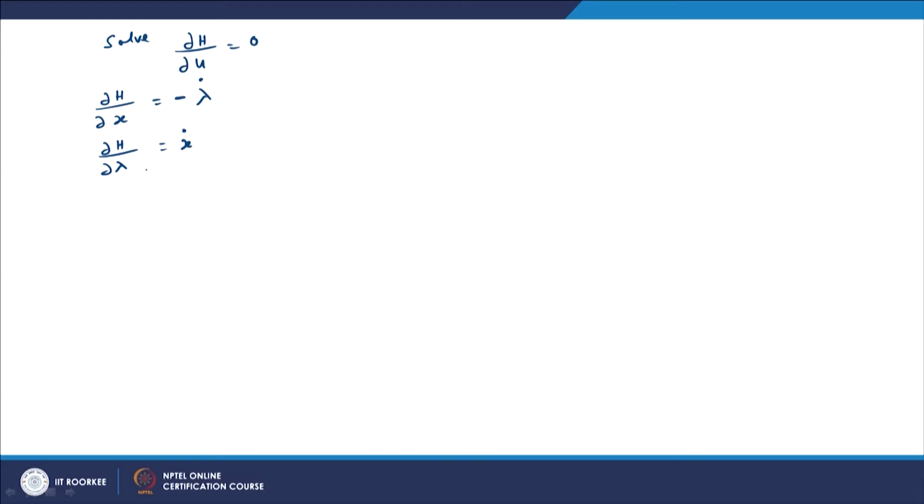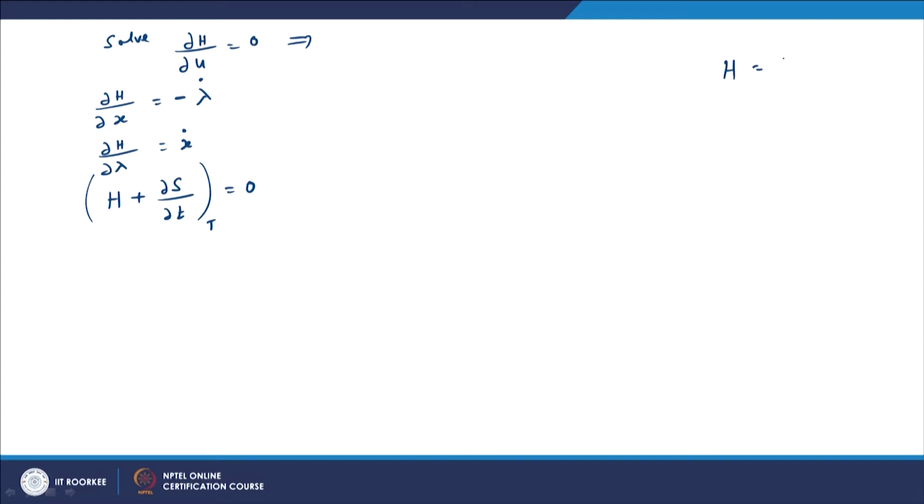So, that turns out to be the given equation itself, and the boundary condition is H plus del S by del t evaluated at the final time is 0, where capital T is also to be found out, an unknown. So, first we will write the H value from the given problem.